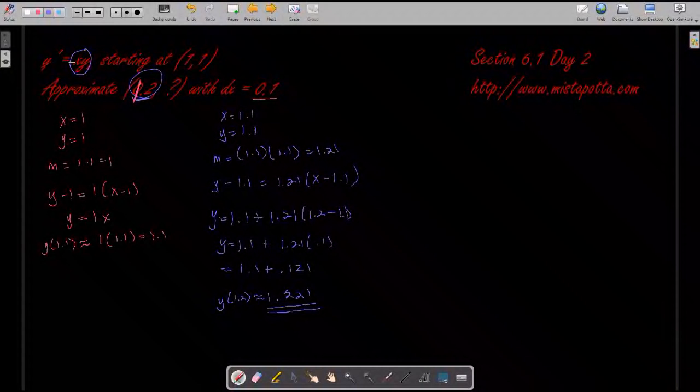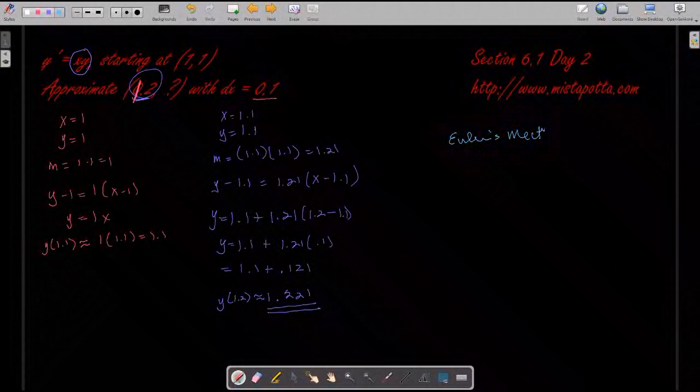Main idea for Euler's method: Euler's method is really two or more linear approximations.